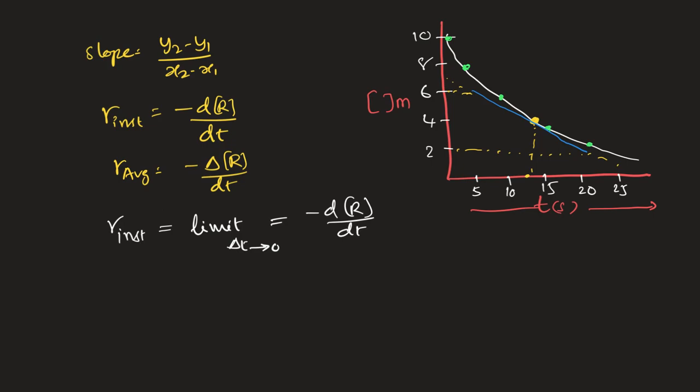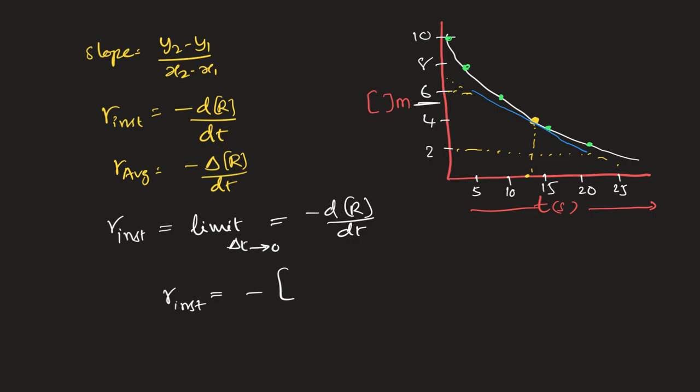So according to this calculus, what is it? The change in concentration when limit delta t approaches 0, that is called instantaneous rate. So now R, that is the instantaneous rate, is equal to minus final minus initial.